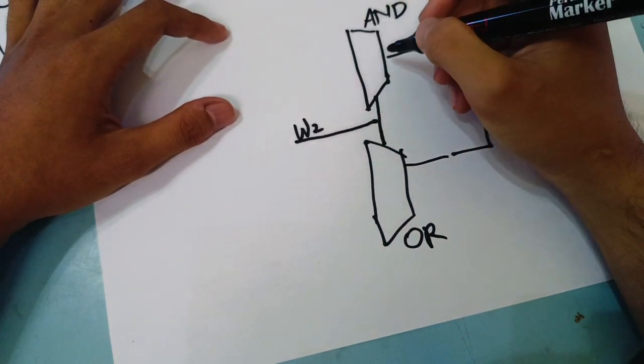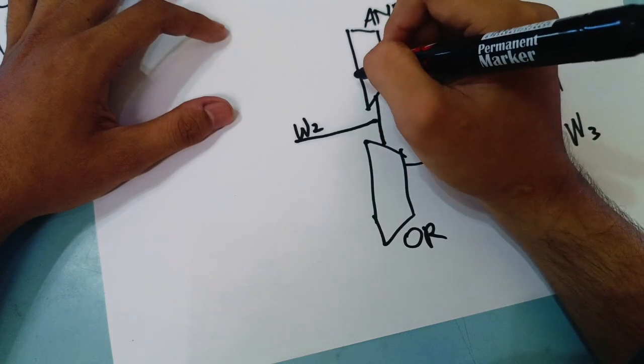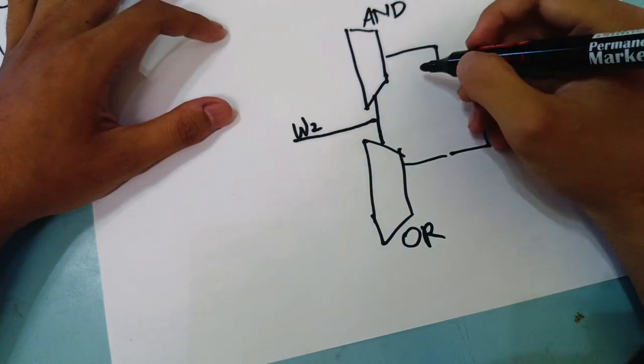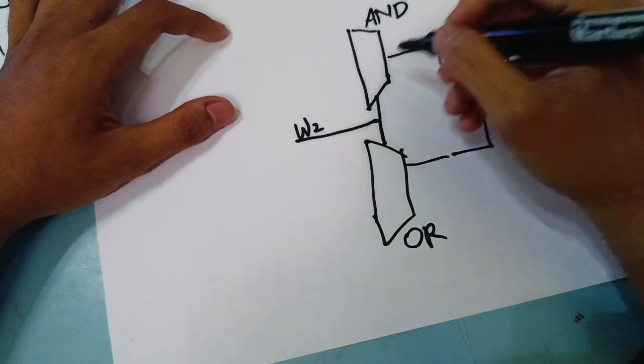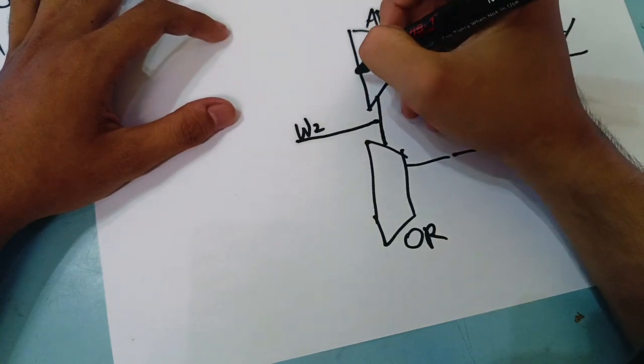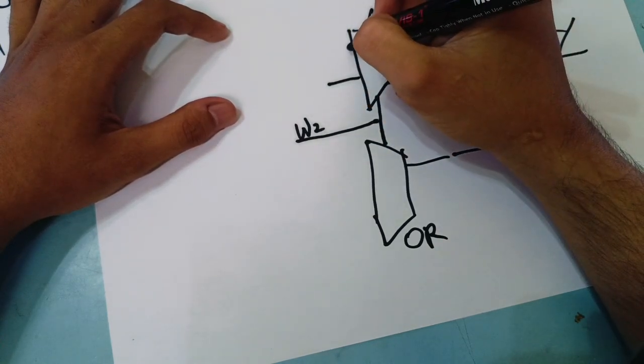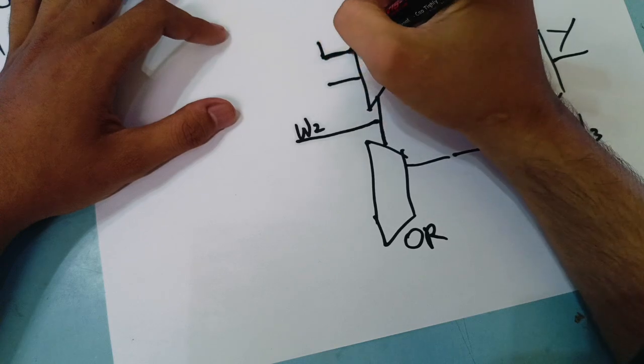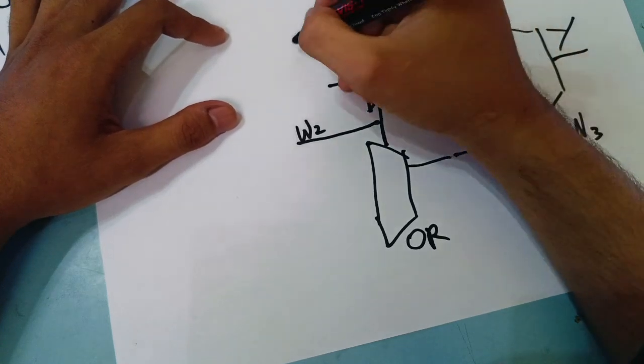That means when one of the inputs here is 1, the output will be 1. So we just need one input here, and the other input will be ground, or 0.